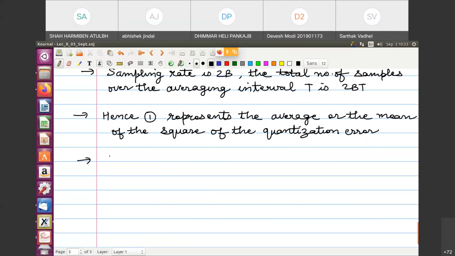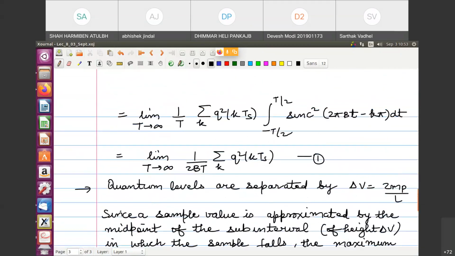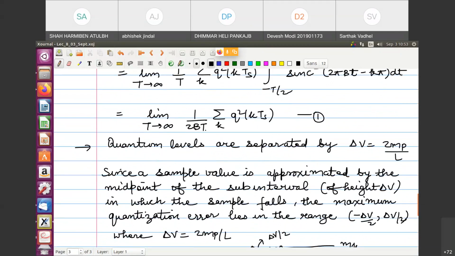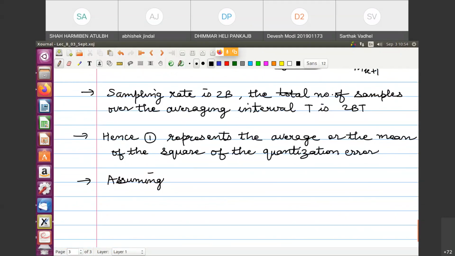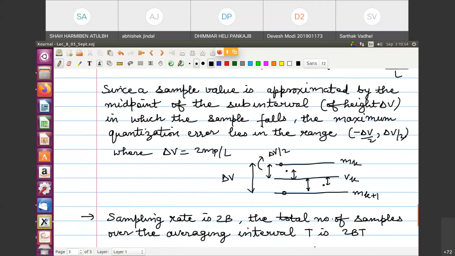I think it should be clear what I am essentially doing. We are saying that the total number of values over the interval of length capital T is 2BT. So we are just taking the error in each of the 2BT samples, squaring that error, adding all of it and dividing by 2BT. This is the standard formula to obtain an average. This follows because of the sampling rate of 2B, and the error lying between minus delta V by 2 to delta V by 2 follows from our design.